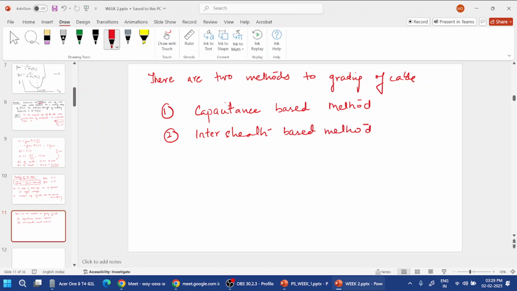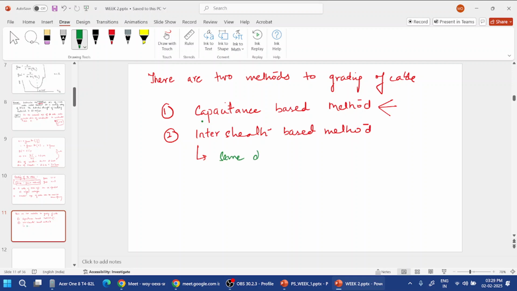Now what happens in the capacitance based method? Generally, we use different types of material, where more than one dielectric material is used. But in the intersheath method, the same dielectric is used, but the potential at certain radii is maintained by interposing thin metal sheets. Here, how we can acquire the grading?